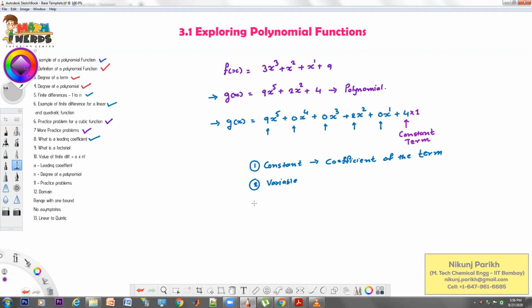Now comes the leading coefficient. The constant part of the term having the highest degree is called the leading coefficient.